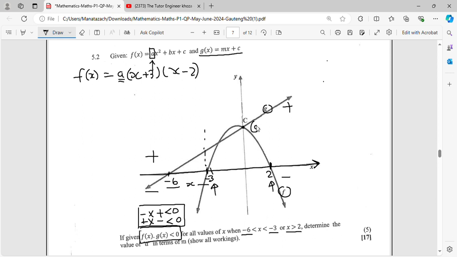So the coordinate would be 0, meaning x is 0, and then y is c, that small c there. So these are the coordinates of C.